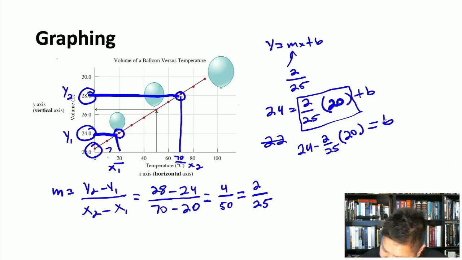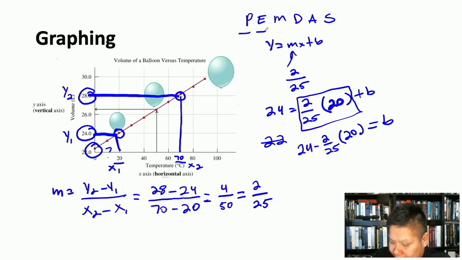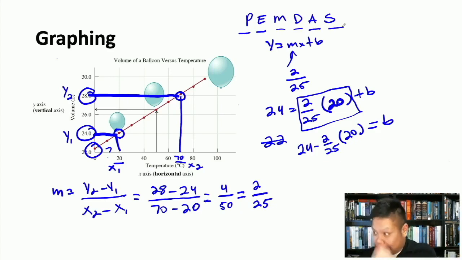this arithmetic here, I don't really know if you guys remember, but a little quick review here. We have this thing called the order of operations, right? And most people like to remember it by using this little saying: please excuse my dear Aunt Sally, which is parentheses, exponents, multiplication, division, addition, subtraction. That's the order of operations. When you're solving equations, you definitely need to use the order of operations.